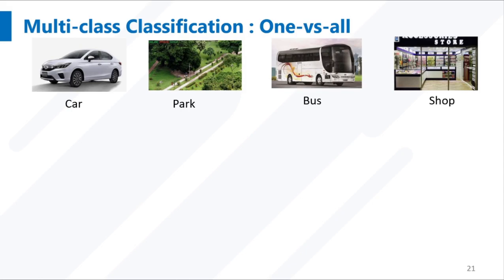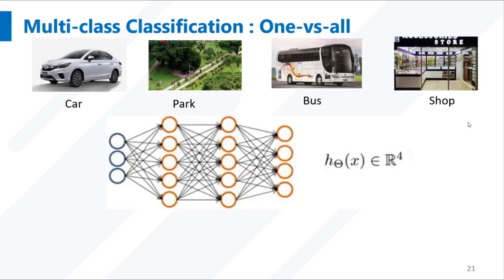So given an image, we want to decide whether it is a car or a park or a bus or a shop. If this is the case, we would build a neural network with four output units, so that our neural network now outputs a vector of four numbers.